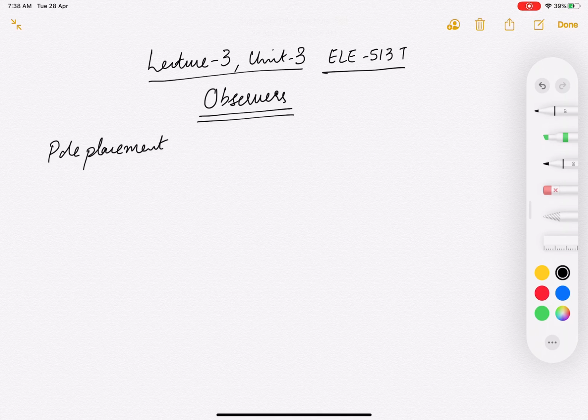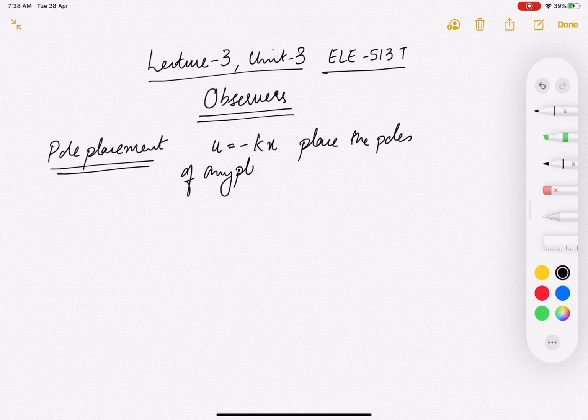Just to revise what we did as regards pole placement, we saw that we could use a state feedback law u is equal to minus kx to place the poles of any plant which is controllable anywhere, right?